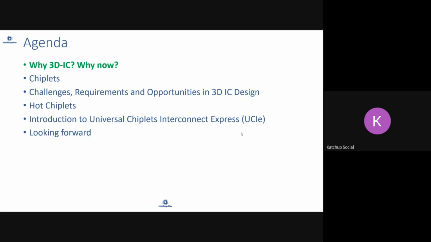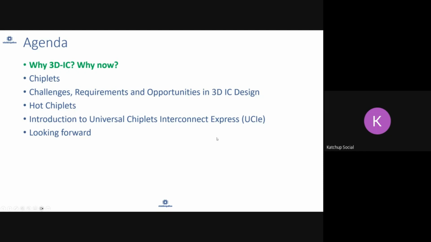We'll also talk about one of the important concepts, which is an introduction to Universal Chiplet Interconnect Express, or UCIe for short, which is an enabling technology for interconnect between chiplets. And then we'll talk about the future of this technology moving forward, and how these things are going to move forward.